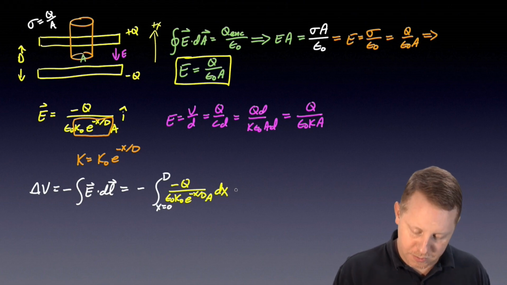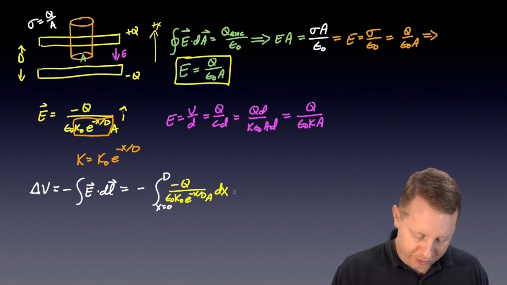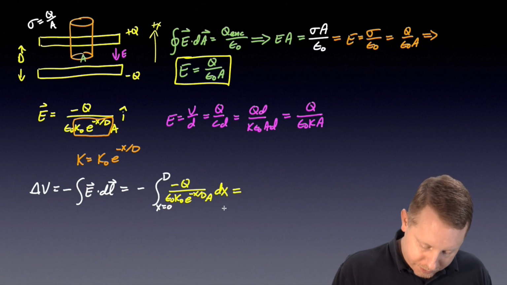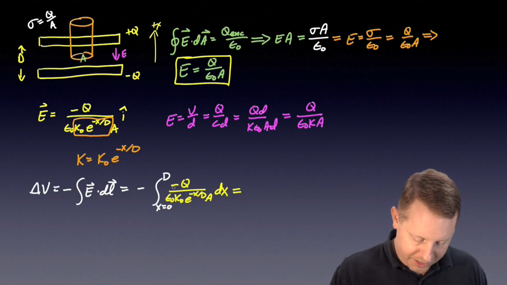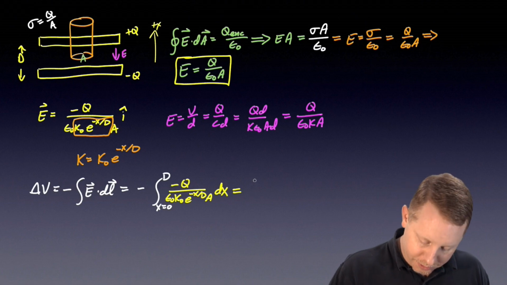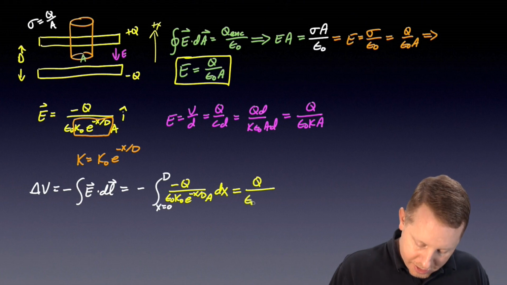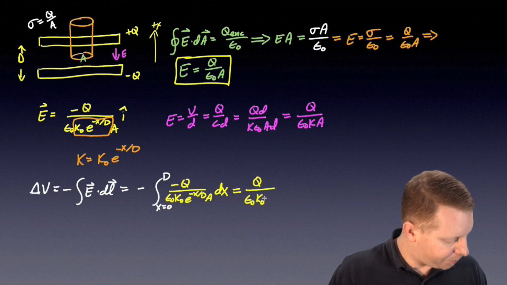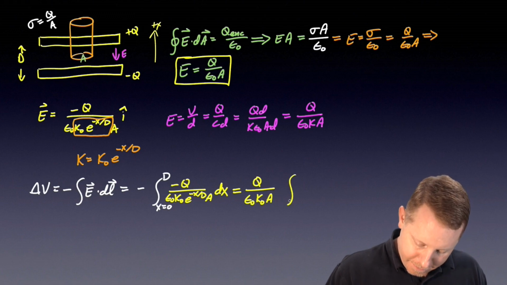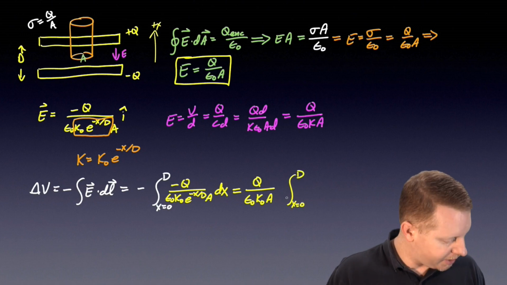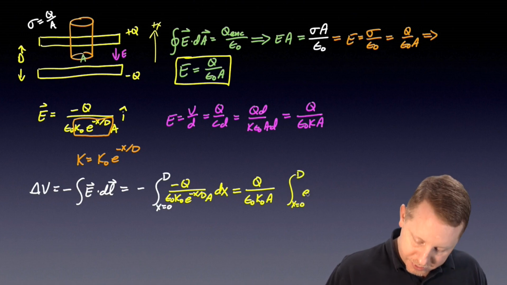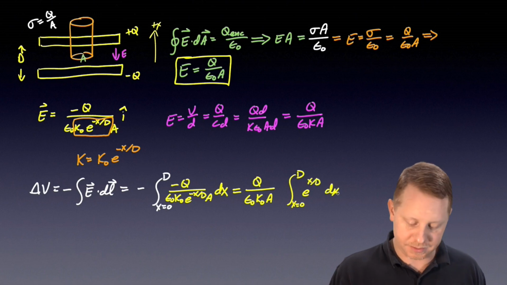So what we would do next is pull the constants out of our integral. We've got a negative and a negative, so we'll end up with a positive. Q is constant. We have epsilon naught kappa naught A here, and the integral from x equals 0 to d, and what we're left with is e to the x over d dx.